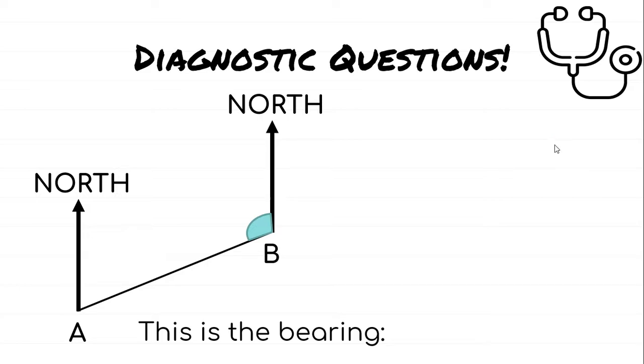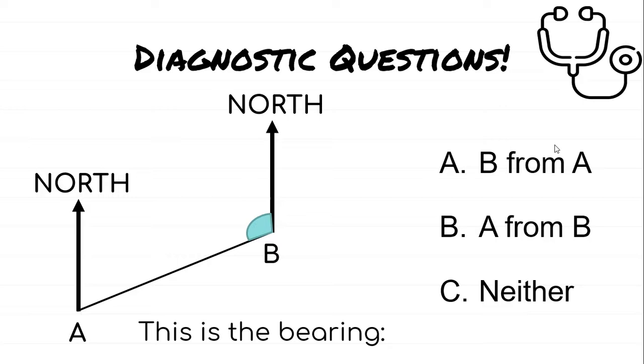This bearing here, is it the bearing B from A? The bearing A from B, or is it neither of those things? Okay, so we know it's not the angle B from A, because that would be a bearing that was around here, around A. We know it's not the bearing A from B because the bearing A from B would be going clockwise.